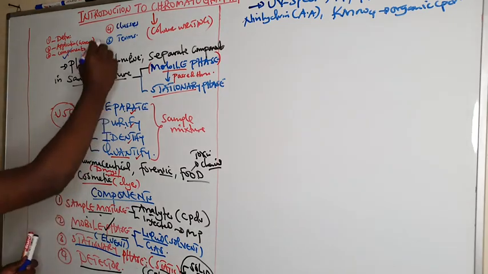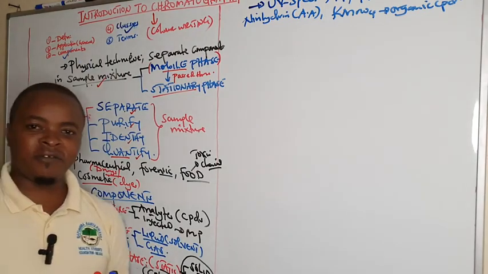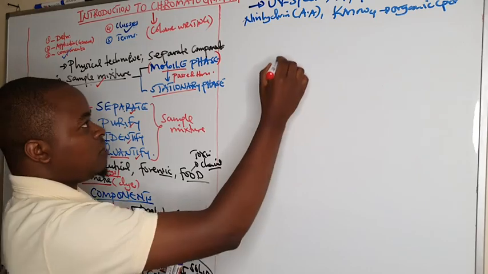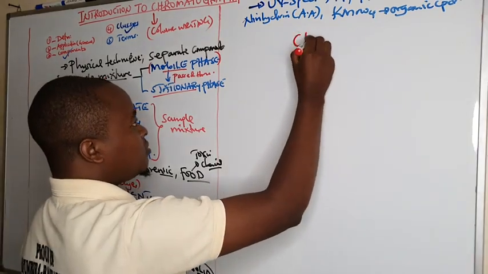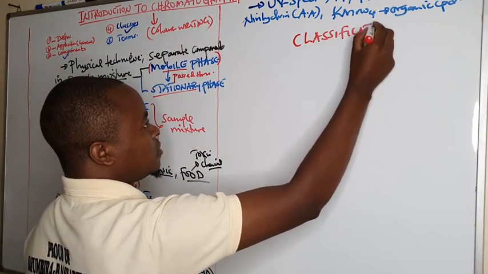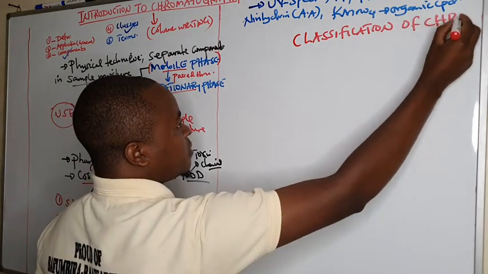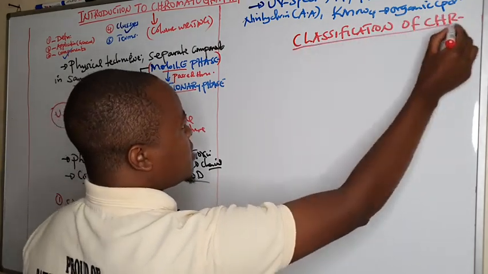The next thing is classification. How can we classify different chromatography methods? So we are looking at the classification of chromatography. How are they classified?